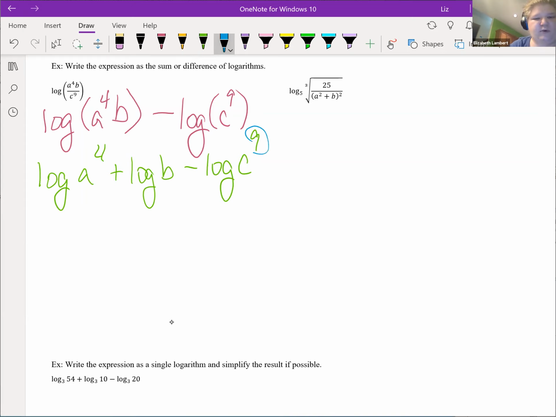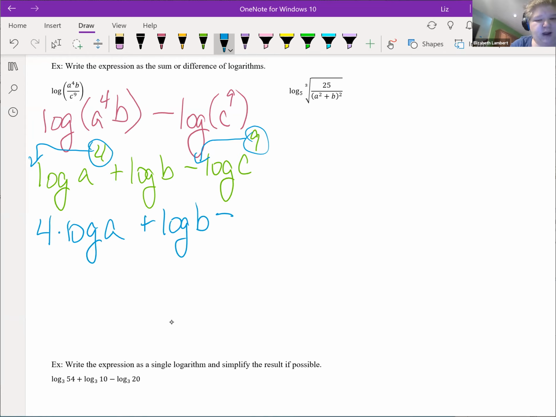And now power down. The b has an invisible 1, which moving it so we're multiplying by 1 does nothing. And now this is 4 times whatever the log of a is plus whatever the log of b is minus 9 times whatever the log of c is.